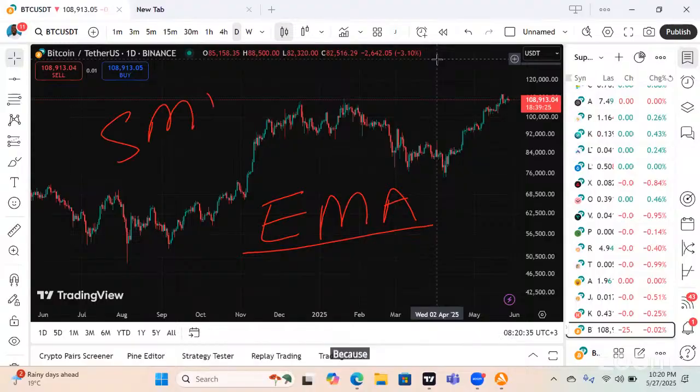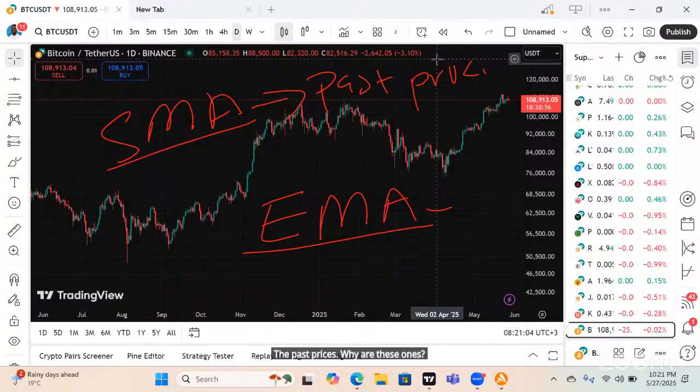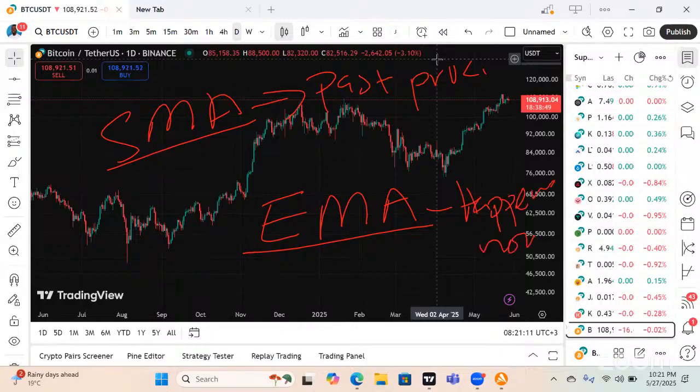But they give more weight to recent prices, while these ones treat past prices equally. These ones focus more on what is happening now.